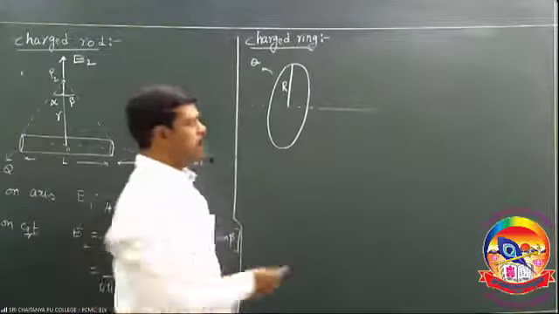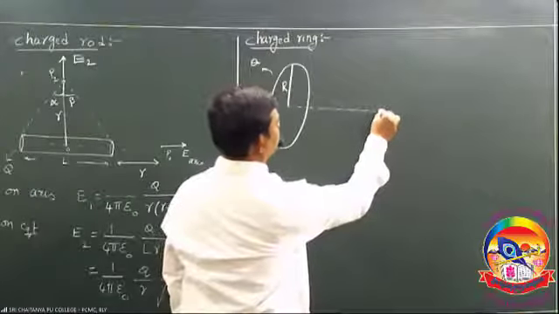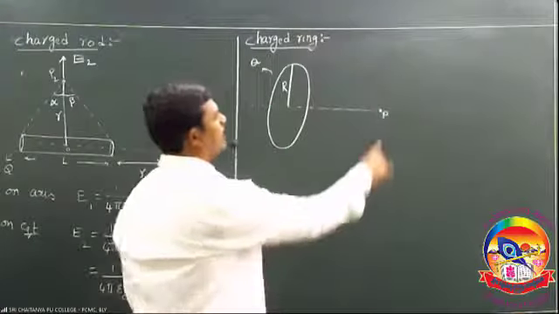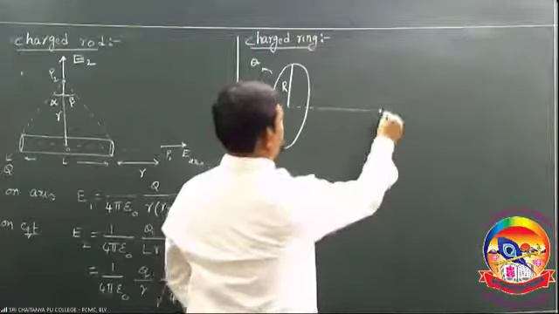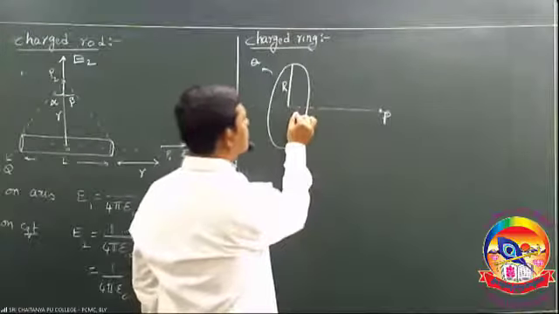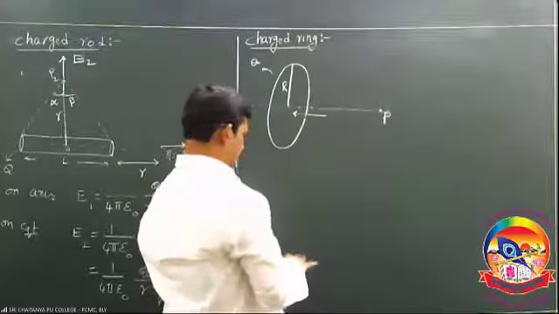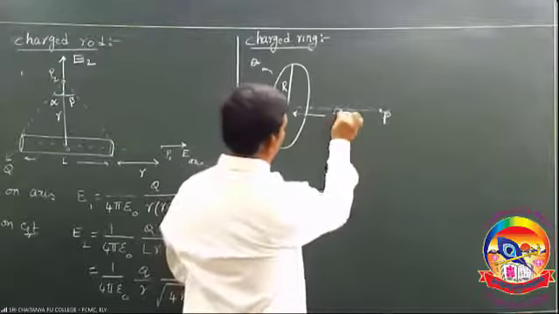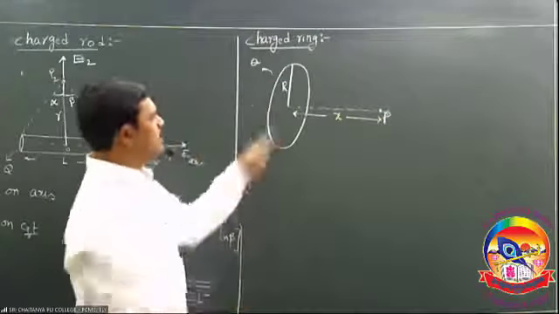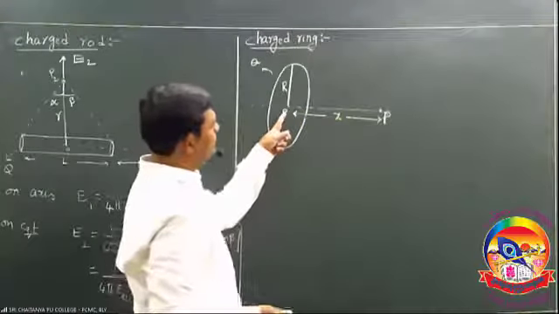On the axis, here I am considering a point P, which is at a distance X from the center O of the ring.